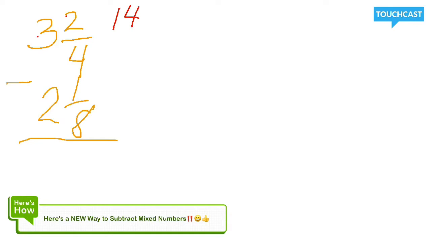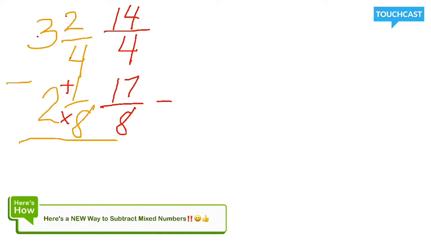And then, as always, that denominator stays the same. And now for the lower fraction, we multiply 8 times 2 and add on the 1. 8 times 2 is 16, plus 1 is 17. And the 8 stays the same.